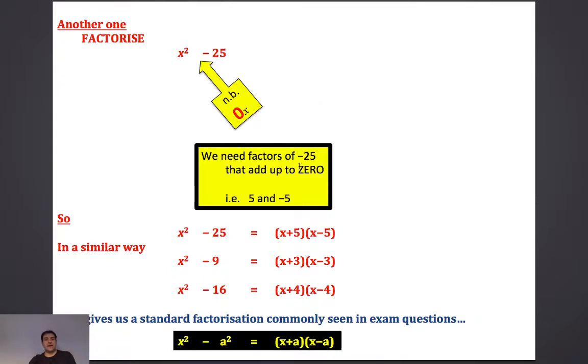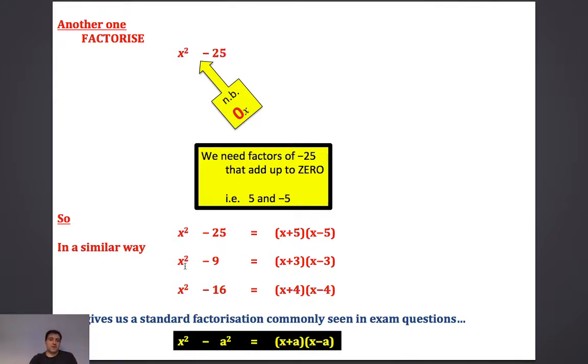So you need factors of minus 25 that add up to 0. So two numbers that are factors of minus 25 that add up to 0 would be 5 and minus 5. So x squared minus 25 would be x plus 5 times x minus 5.